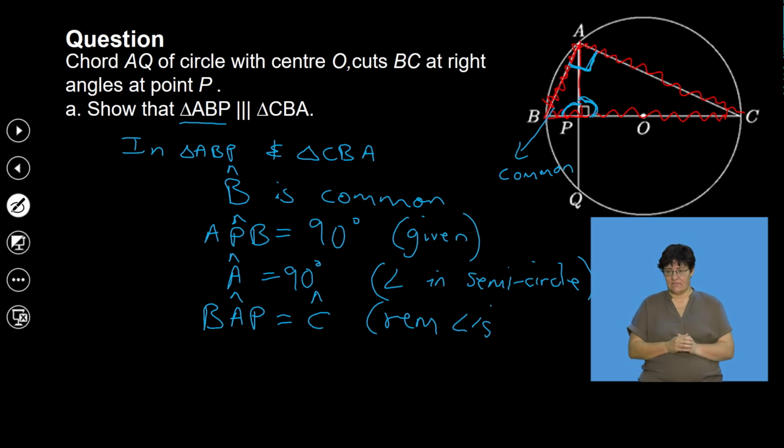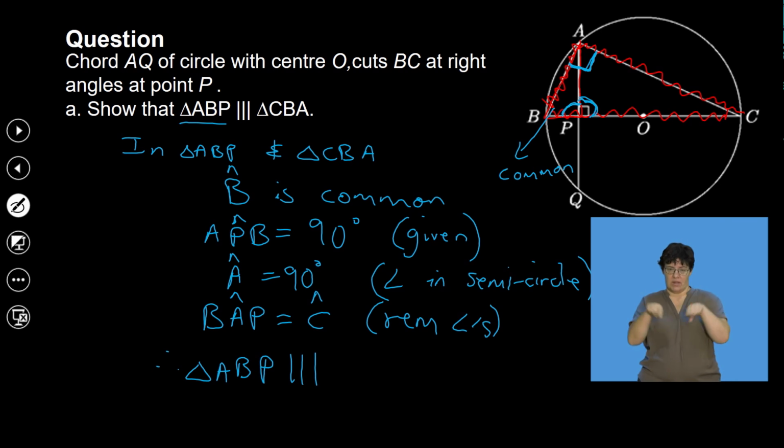Some people don't use the word remaining angles, they use the sum of angles in a triangle. It's really up to you. They mean one and the same thing. For you to get a remaining angle, it must be because the sum is the same in the two triangles. And therefore, I can conclude that triangle ABP is similar to triangle CBA.